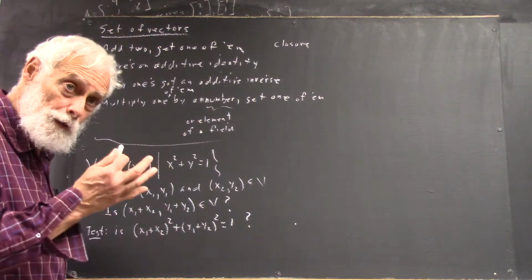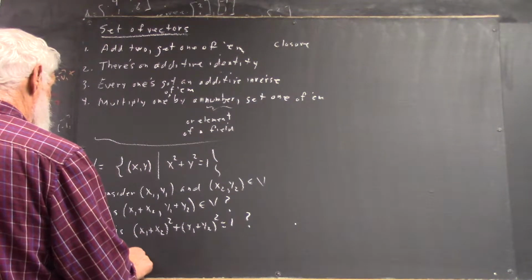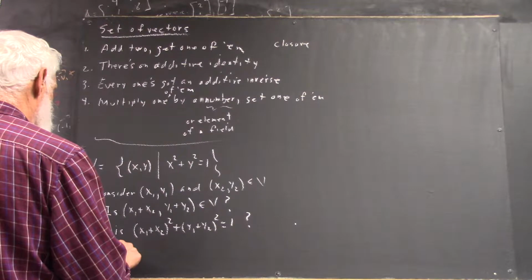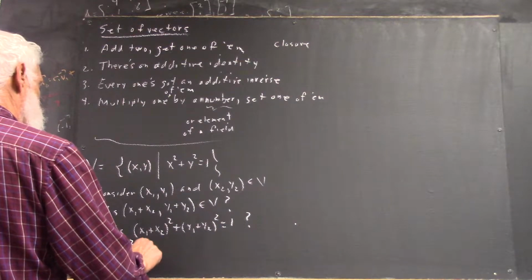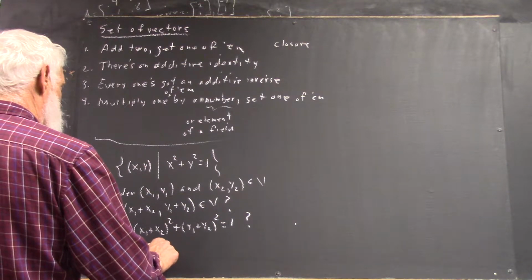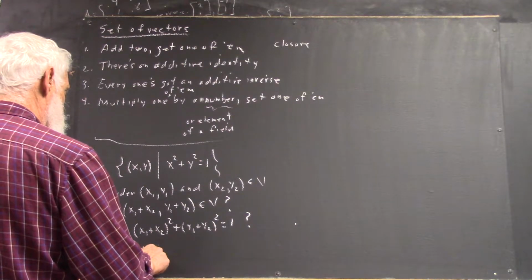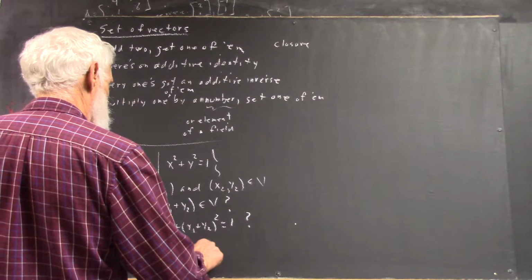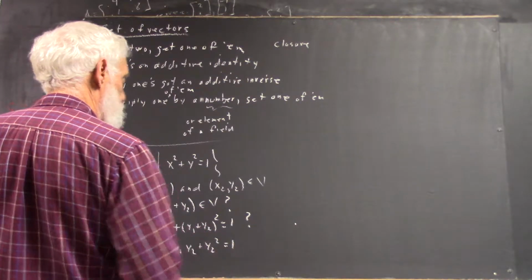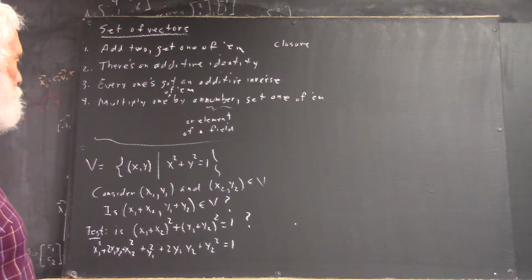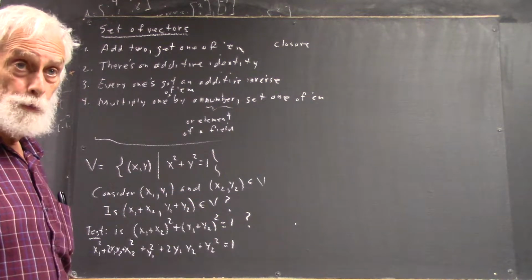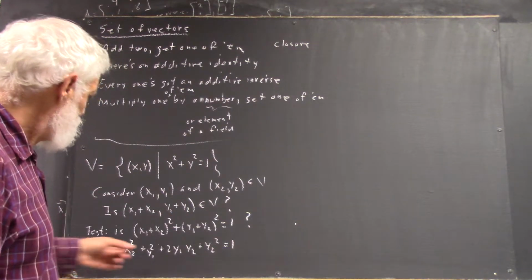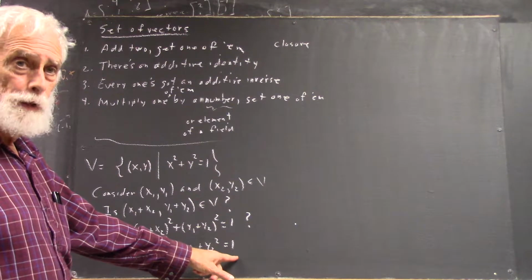Because we want to look a little deeper. We can get our algebra up to a little higher level. This means x1 squared plus 2x1 x2 plus x2 squared plus, well, y1 squared plus 2y1 y2 plus y2 squared equals 1, right? So if we didn't immediately see to just pick some numbers and work it out, we could look at this expression and ask ourselves, well, is it got to be true that this expression is 1, right?